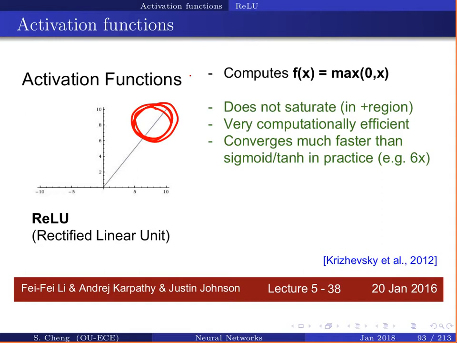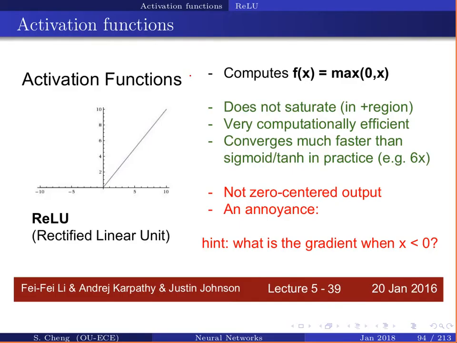That's one very positive thing. Of course, it's still not zero-centered, so if you train it, the training path will still go through a zigzag path. But still, this is very common. Actually, ReLU is very commonly used.